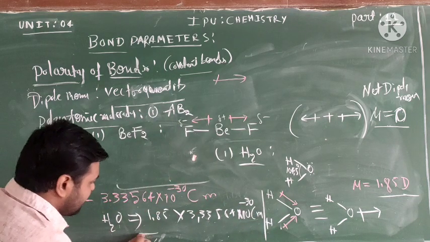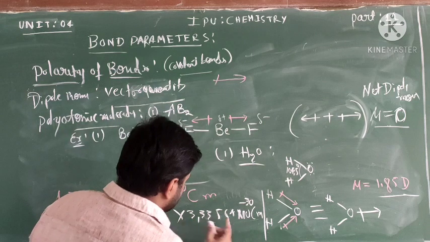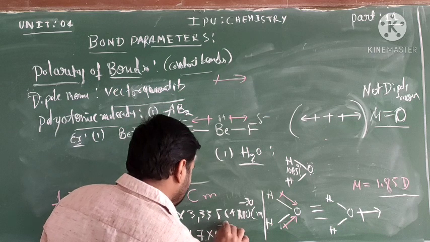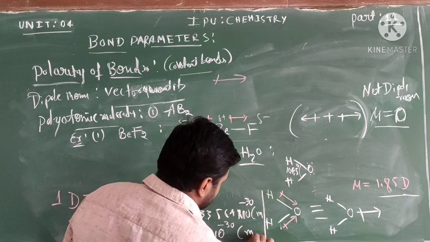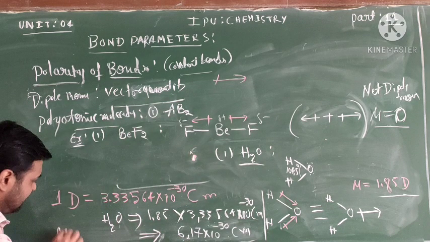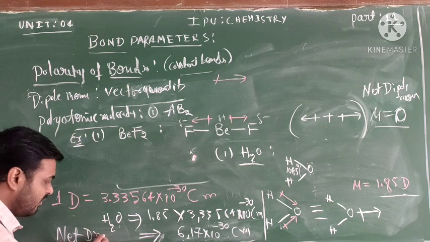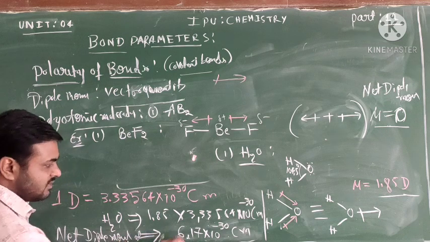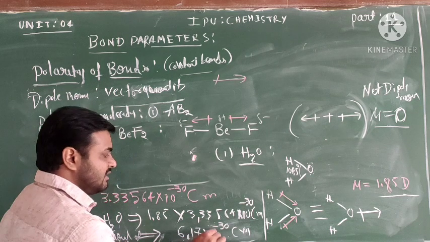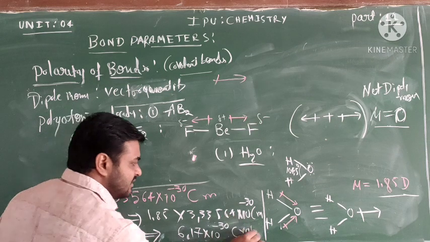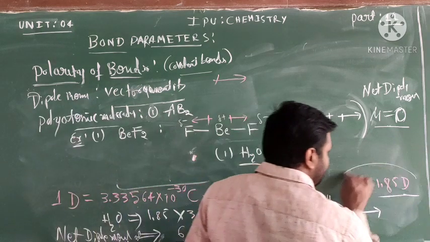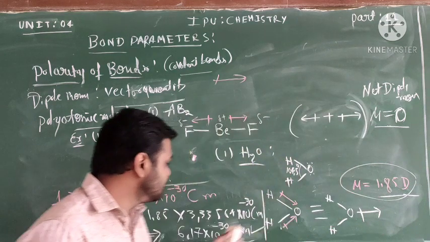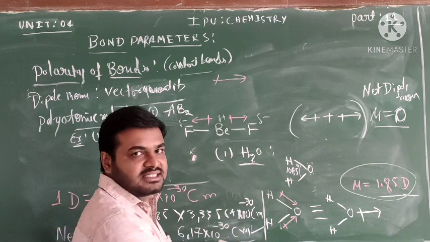So overall we calculated this value as 6.17 into 10 to the power of minus 30 coulomb meter, the net dipole moment of water. Either you write that, or 1.85 Debye. This is also right. Okay students, it's clear.